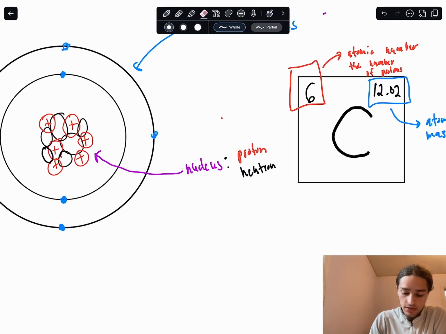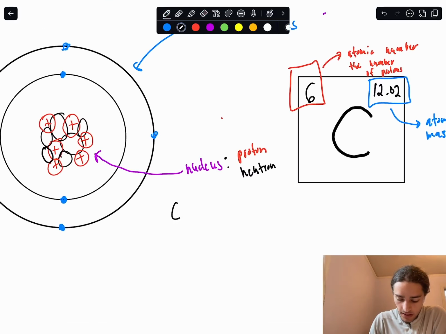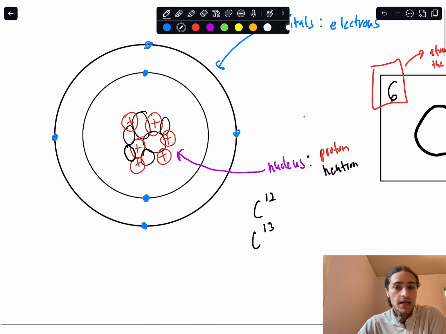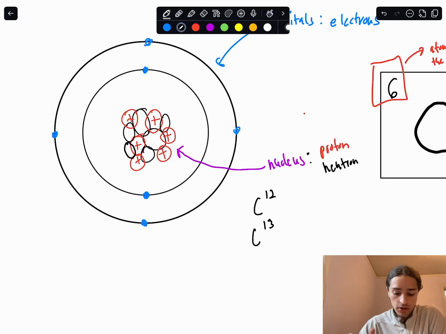And so isotopes are carbons, or any element, with different numbers of neutrons. So this is a carbon 12 atom that I have drawn. But if I add another neutron, so if I add 7 neutrons total, that makes it carbon 13.